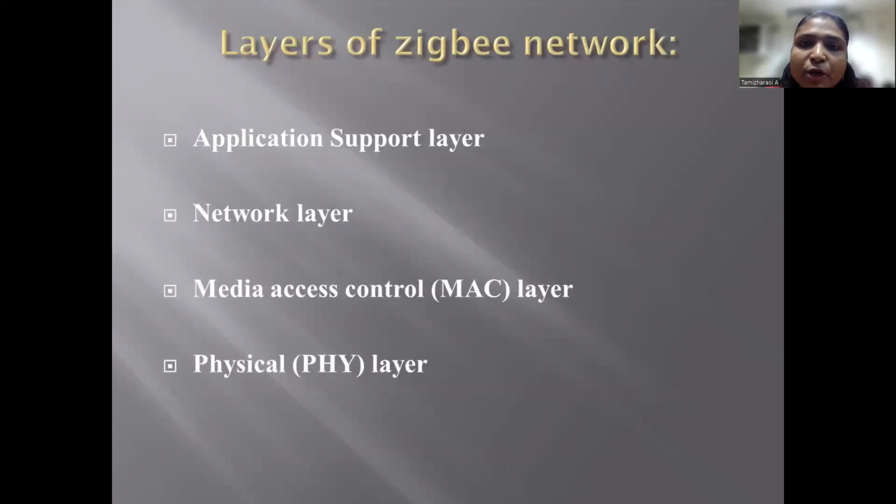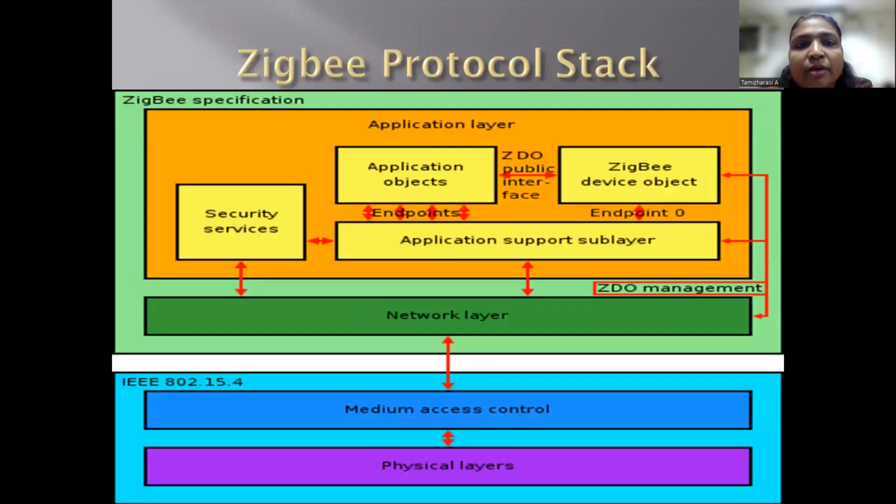Then coming to the Zigbee protocol stack, there are four layers: the physical layer, the MAC layer, that is the medium access control layer, the network layer, and the application support layer. In the physical and MAC layers, we use IEEE 802.15.4, and in the network and application layers, Zigbee specifications are used.